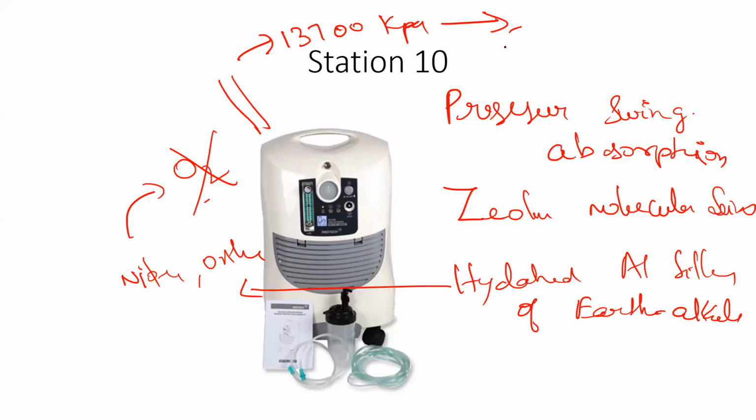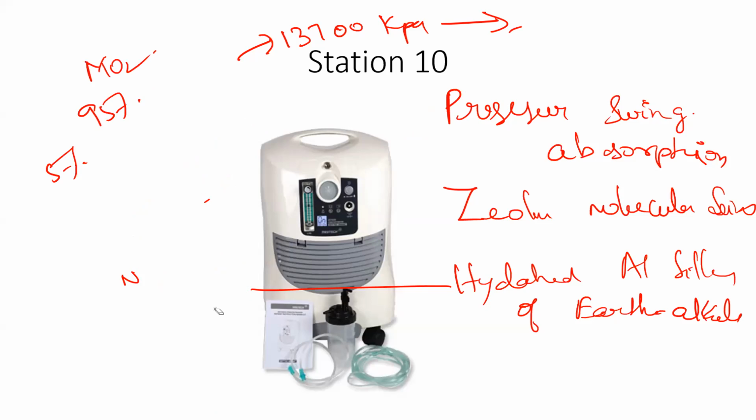Okay, good. So what is the maximum oxygen concentration you can achieve in the oxygen concentrator? About 90 to 95%. 95% is the maximum oxygen concentration you can achieve with the oxygen concentrator. What is the remaining 5%? Nitrogen, air.